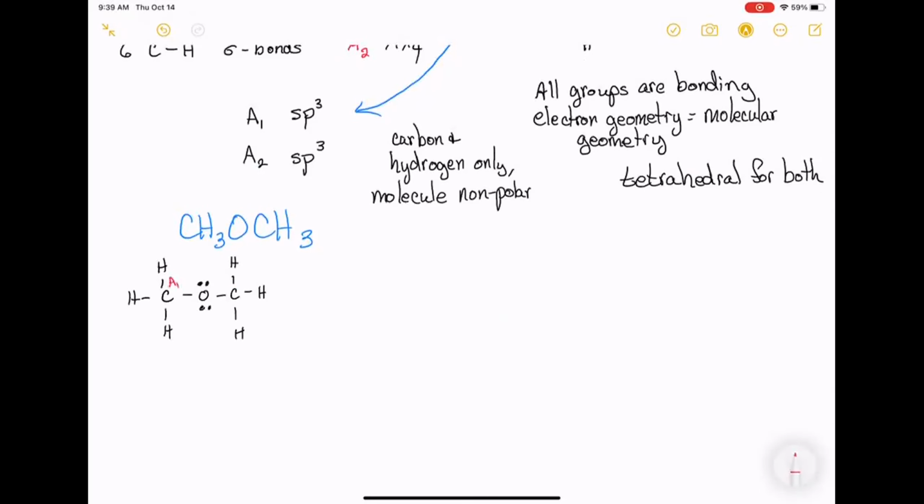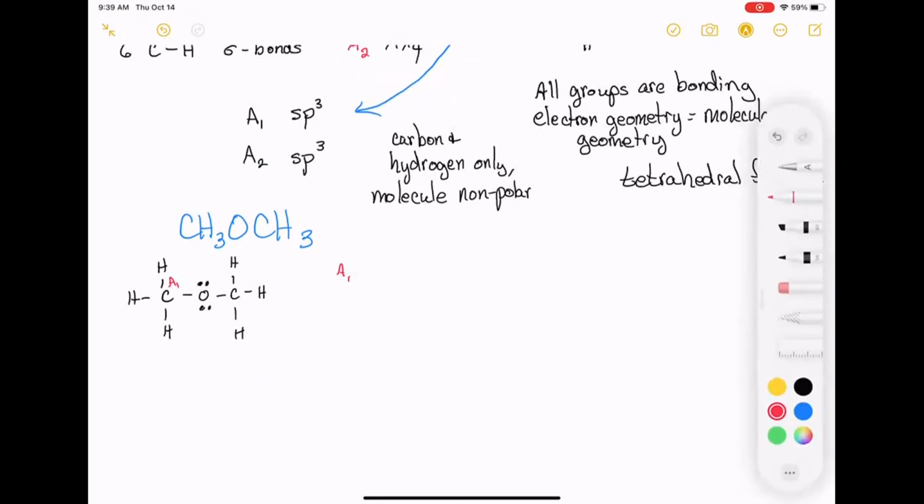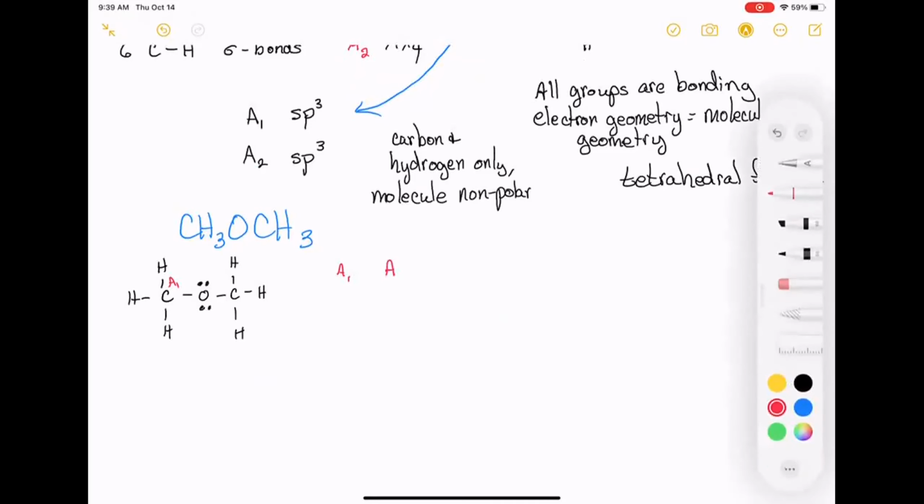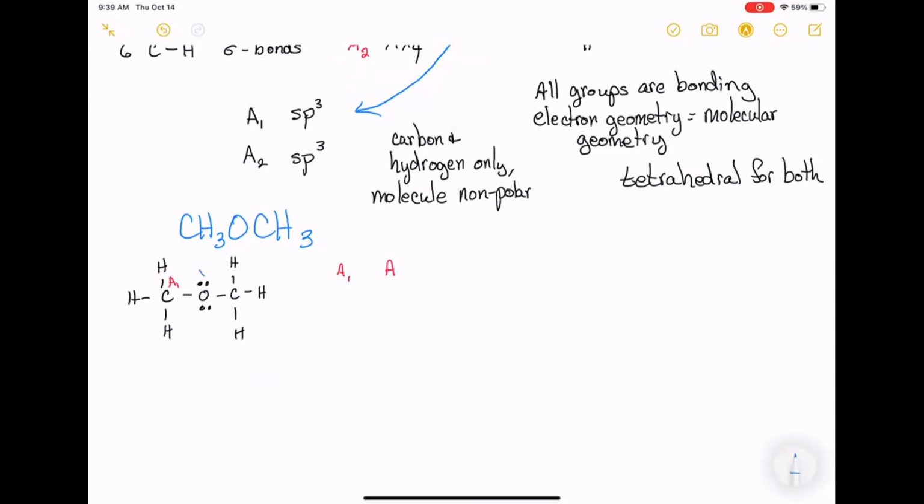So let's talk A1. In A1, you have your A, and to that central atom, you have the oxygen and 3 hydrogens bonded to it. So that would be AX4.